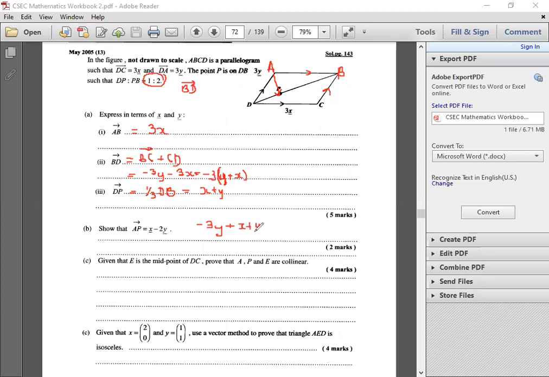Plus y. And so we would have gotten this to be x minus 2y. So that's how we show it. Yeah, I don't know what had happened to me a while ago.